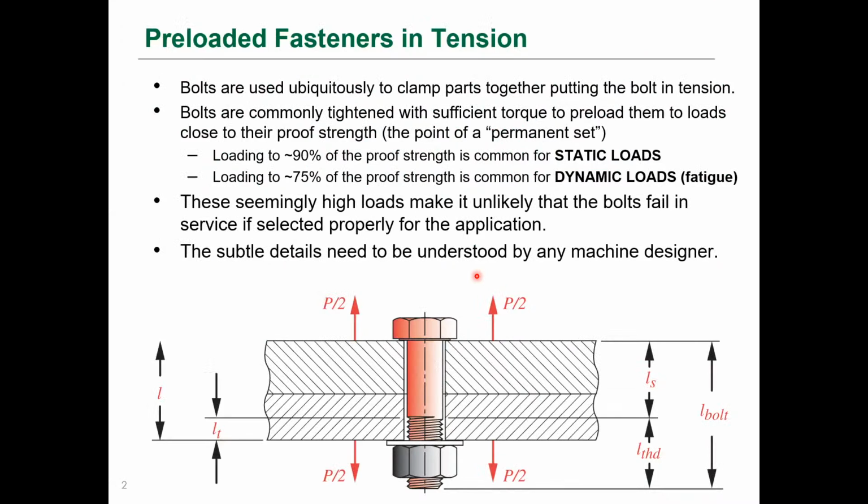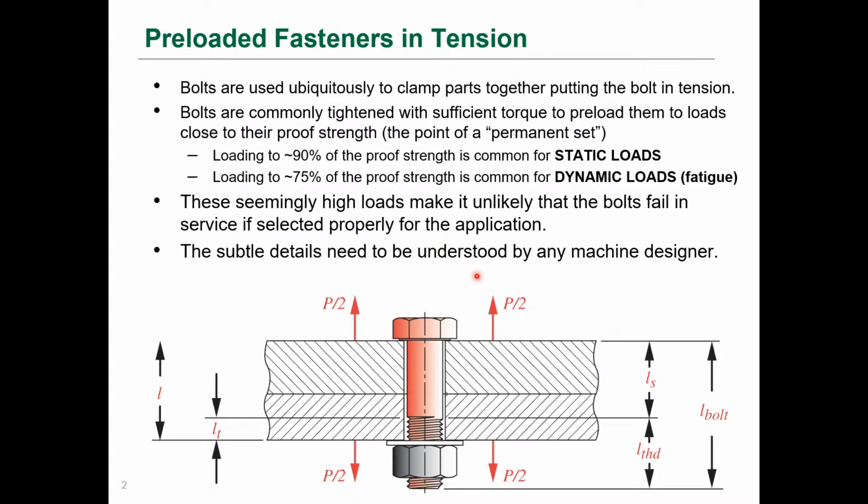Okay, bolts are primarily used to clamp parts together, and the bolt is put in tension. They also experience shear. We'll talk about that later. But when we apply the bolt to the structure, we torque the bolt down so that it gets up to close to its proof strength.